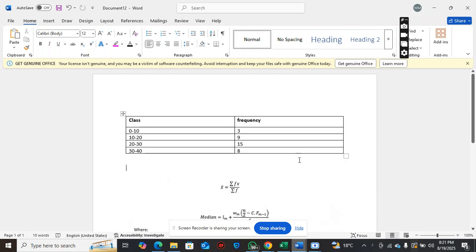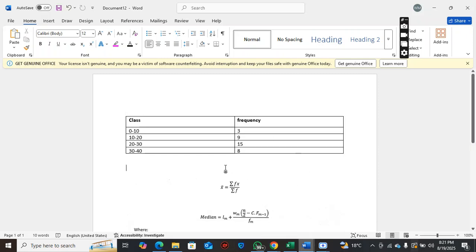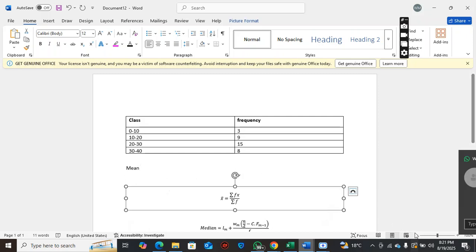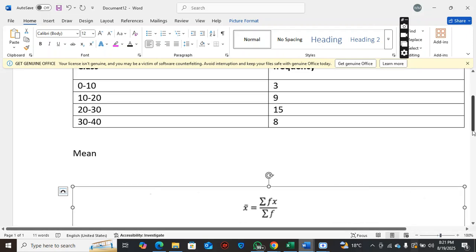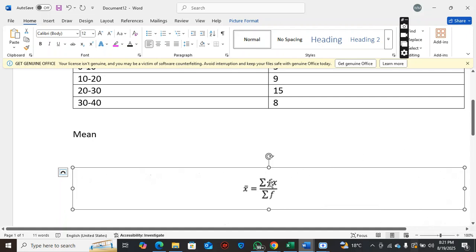The first thing we need to do is calculate the mean. This is the formula for the mean here, colleagues. What this formula is telling us is we're going to multiply our frequency by the midpoint and then total them up.